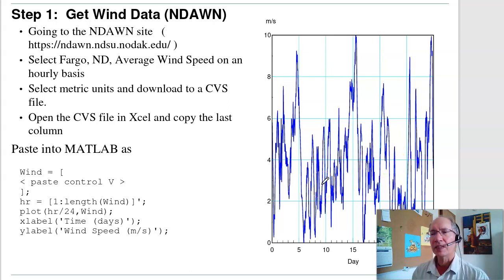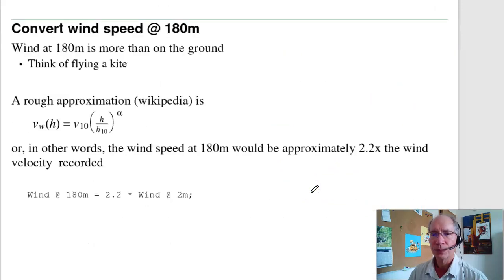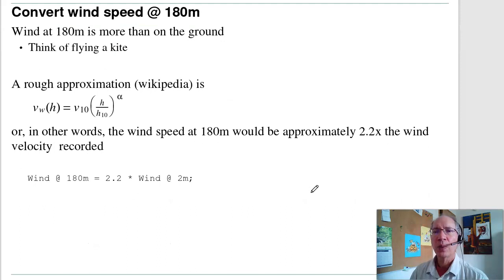With that, let's convert that to kilowatts. How much energy would this wind turbine produce? Well, the hub height is about 180 meters off the ground. The wind speed is actually higher at 180 meters than it is at the ground. If you look at the data from Enon, it's recorded at 2 meters, 6 feet.